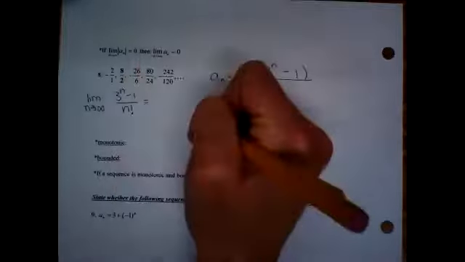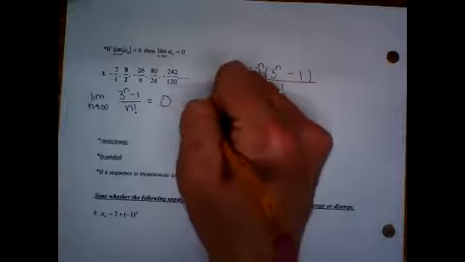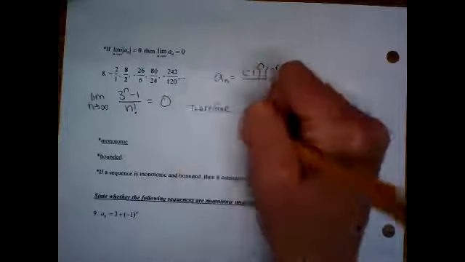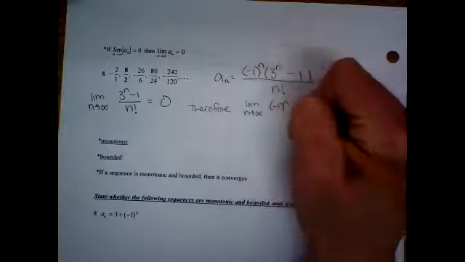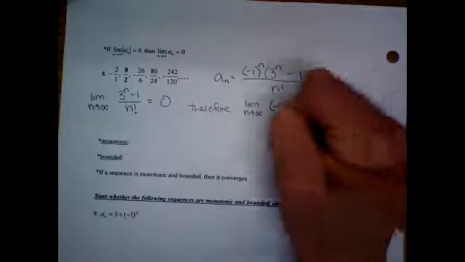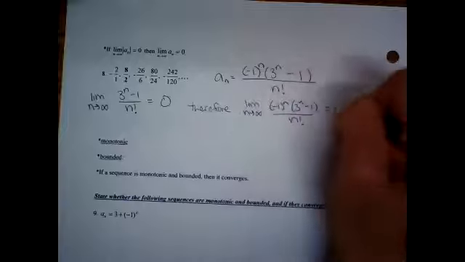And because the factorial grows so quickly, where is this headed? 0. The denominator is growing super fast, so it's going to go to 0. So that goes to 0. And therefore, limit as n goes to infinity of the whole thing also goes to 0.